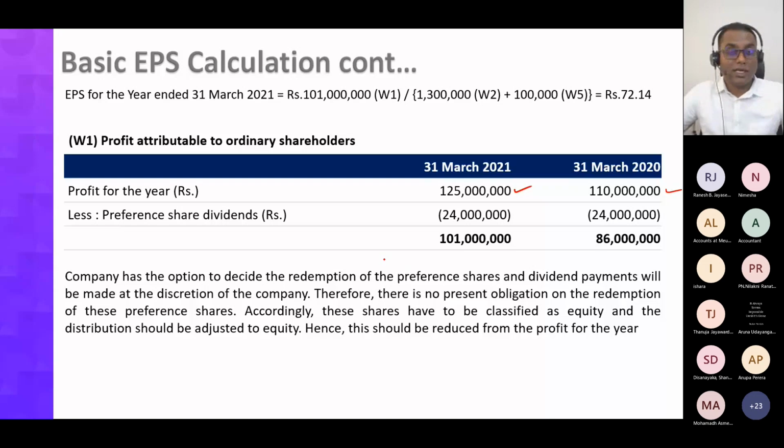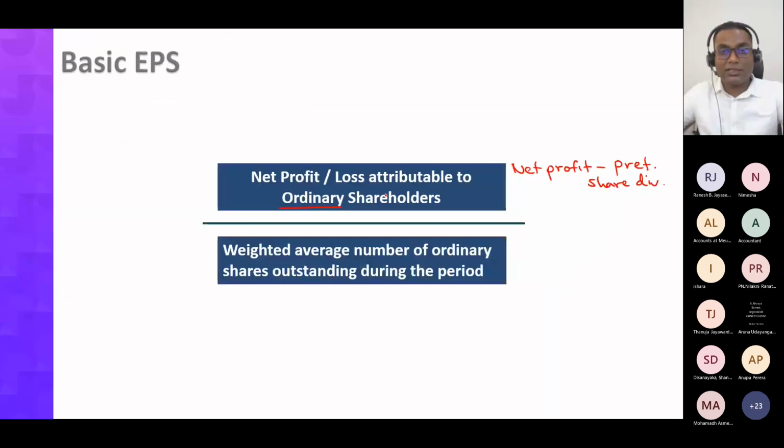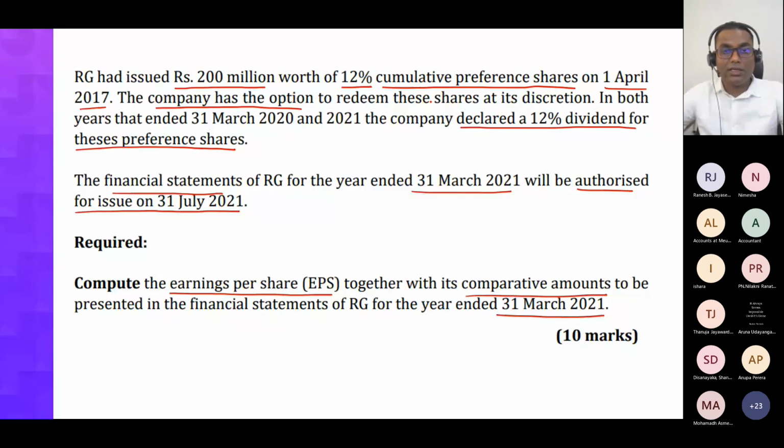Then preference shares have been classified as equity. That means it is not deducted as finance cost when computing the profit. So I had to separately deduct the preference share dividends as it is classified as equity. The value of the preference shares was 200 million, and it is 12% cumulative preference share dividends.